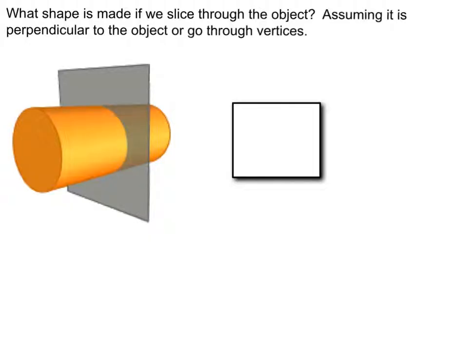So in this section, what they're going to ask you to do is, if we were to slice the object, let's say in half or in parts, and we assume that it's perpendicular, and perpendicular is a 90-degree angle. So we're looking at, does this object get sliced in that, or sometimes they get sliced through the vertices? In this case, we're looking at a cylinder. We'll talk about that more when we get to something that has vertices. Cylinders don't.